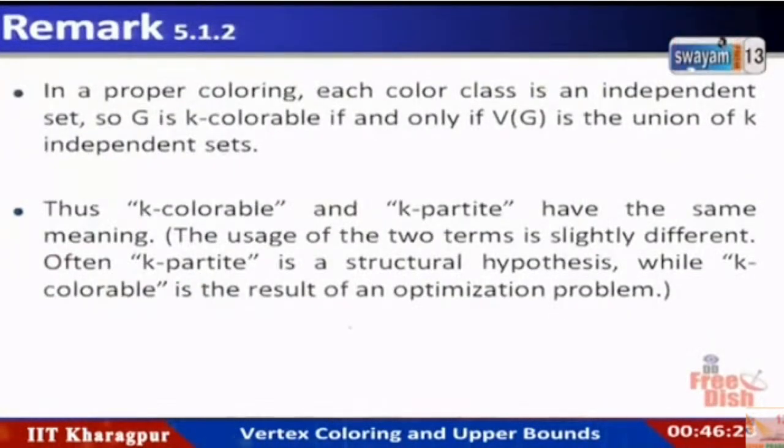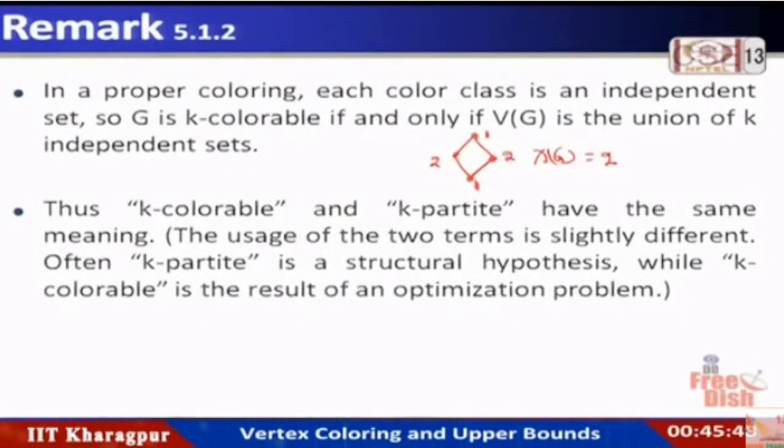In a proper coloring, each color class is an independent set. So a graph is K colorable if and only if the vertices of G are the union of K independent sets. Take the same graph we have taken up. It is a 2 colorable graph, so its chromatic number is 2. That means this is color 1, these adjacent vertices receive the second color, and this again receives color 1.